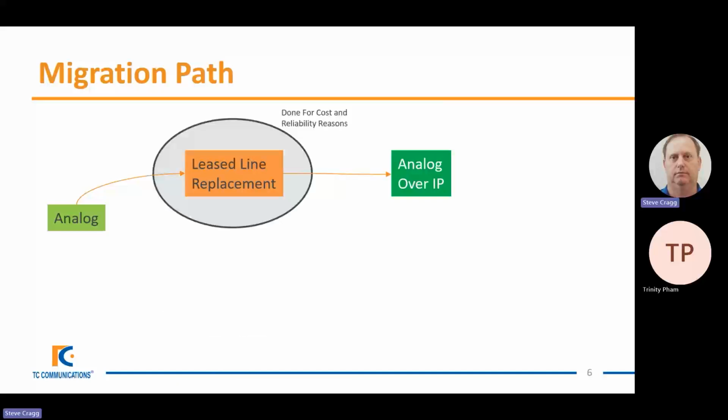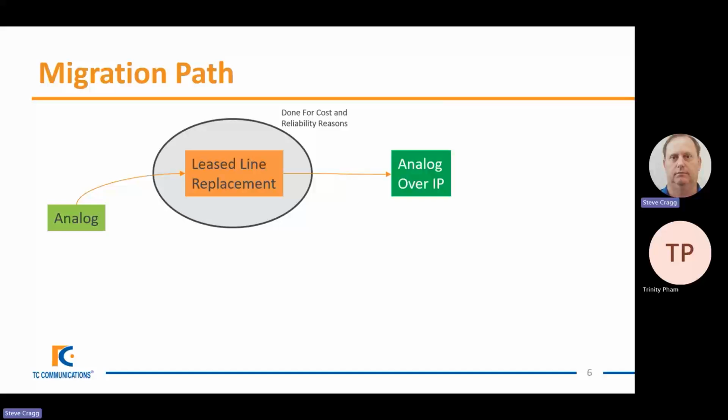We also see that the primary reasons for doing this are, number 1, cost, number 2, reliability. Not necessarily in that order, sometimes for reliability and for cost, but most customers will find that replacing their leased lines with a more modern IP-based solution will mean that they gain greater reliability and significantly reduce costs.